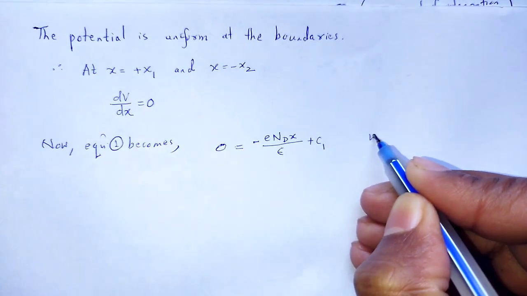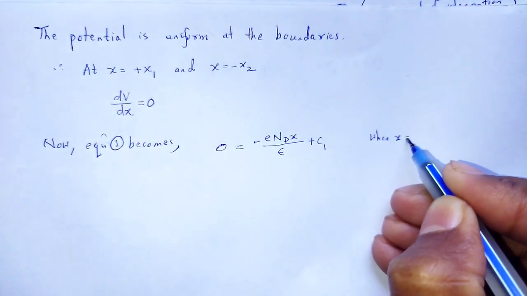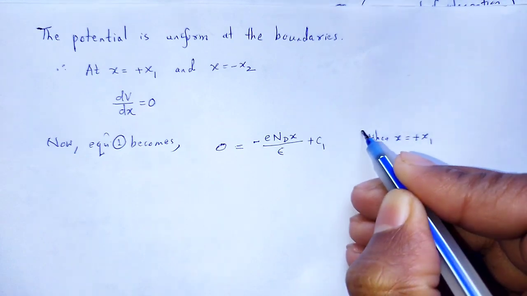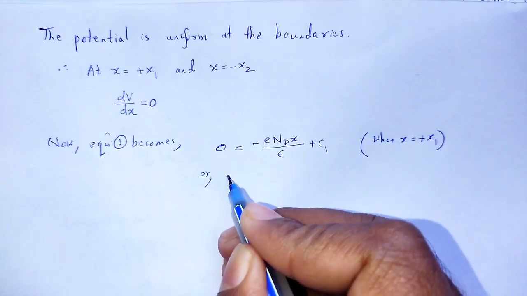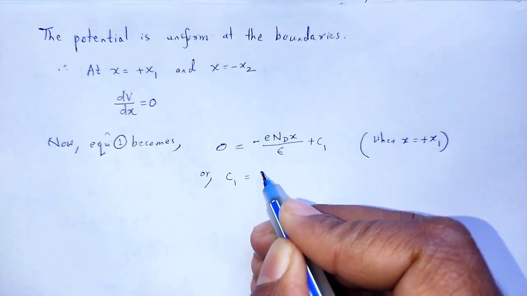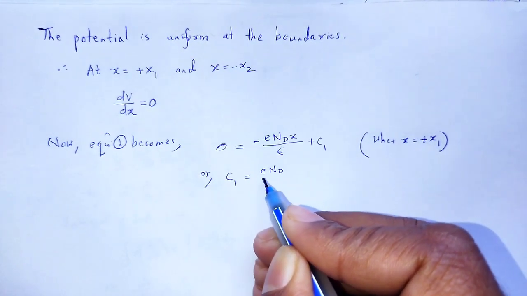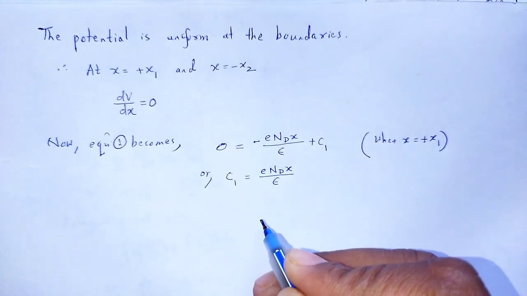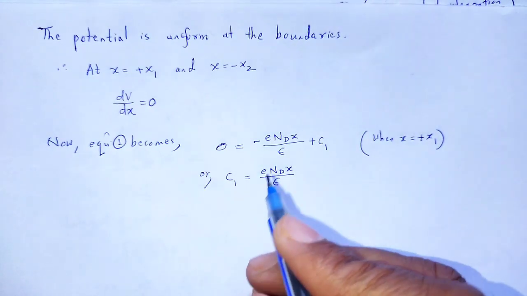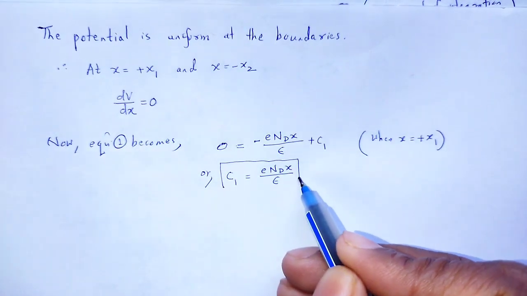Here we put x equal to plus x1. From this, C1 is equal to e Nd x1 divided by epsilon. Now one constant C1 is evaluated.